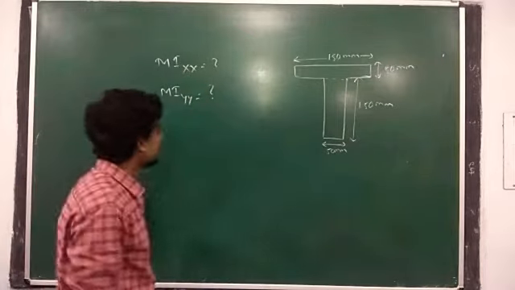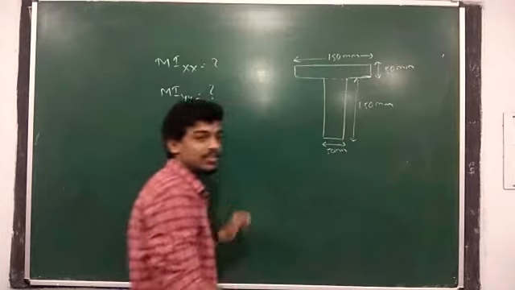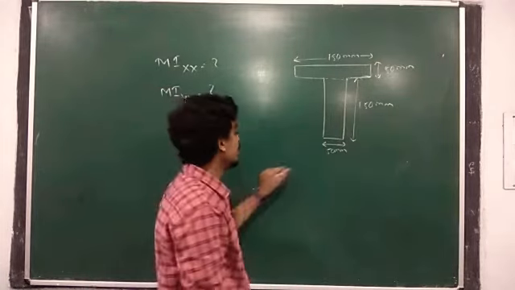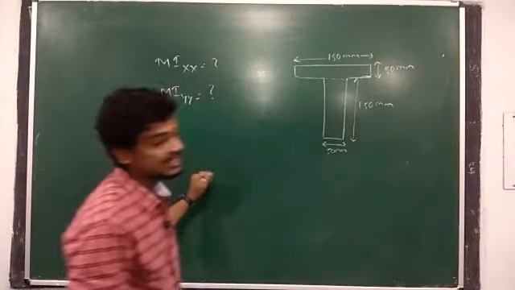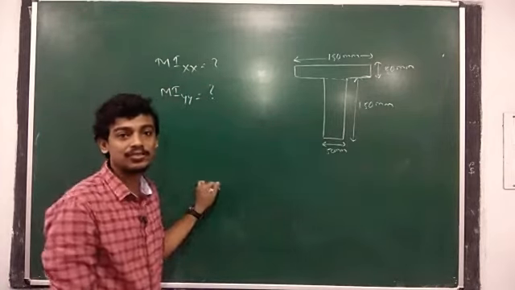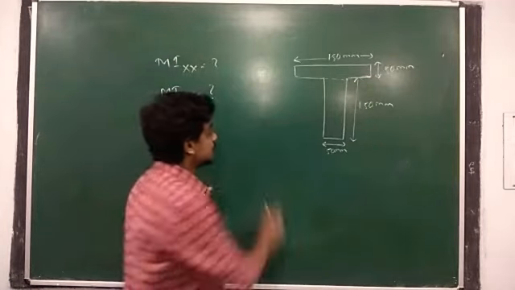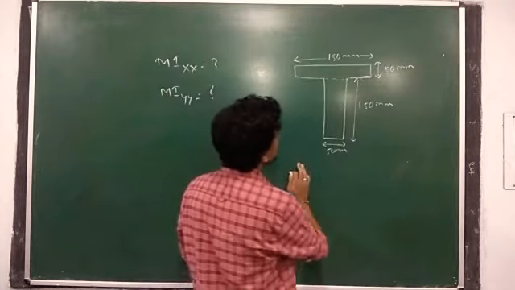Some students have calculated it, but many of them did not. So I want to solve it now, and this will be my last lecture of the first chapter of structural mechanics. The first chapter will be over after this problem.